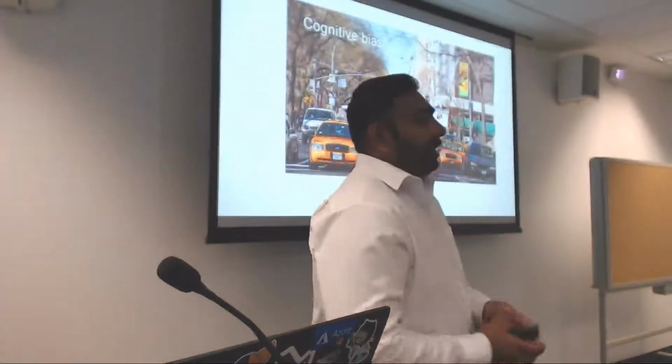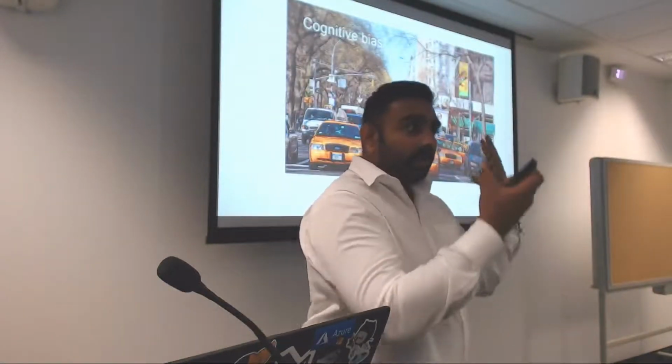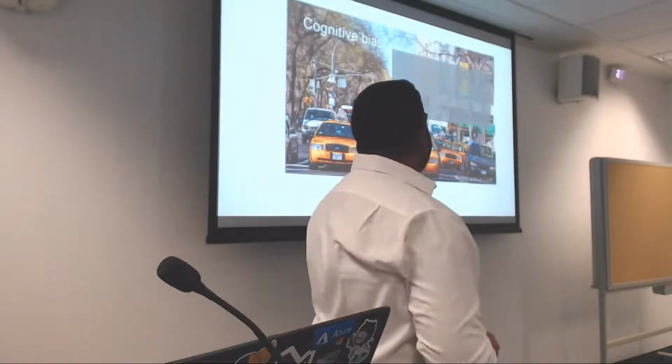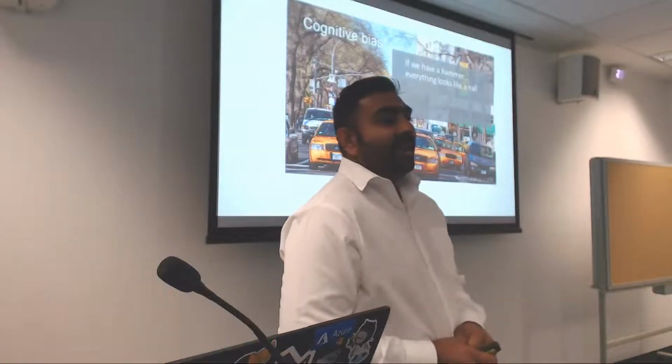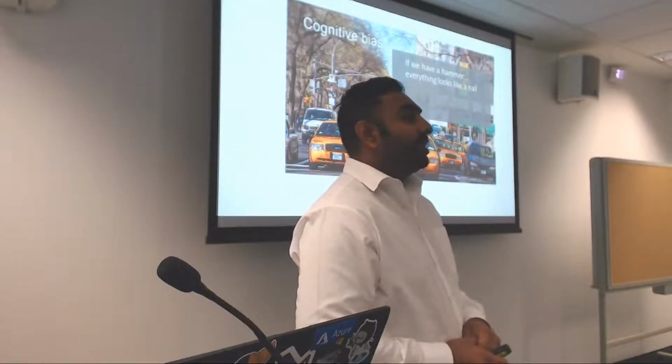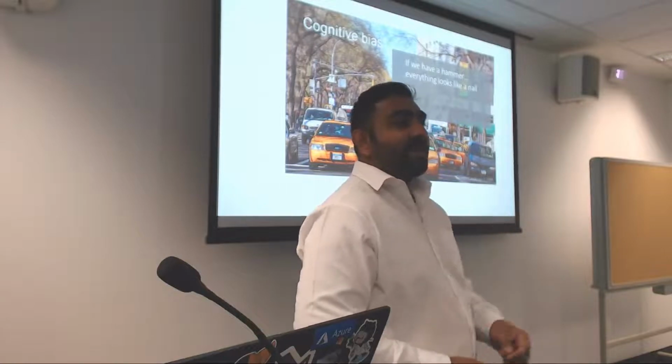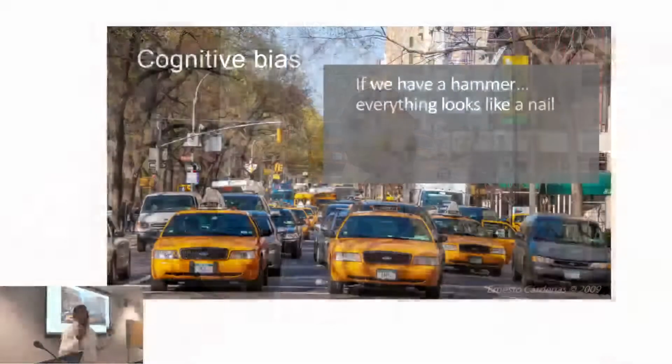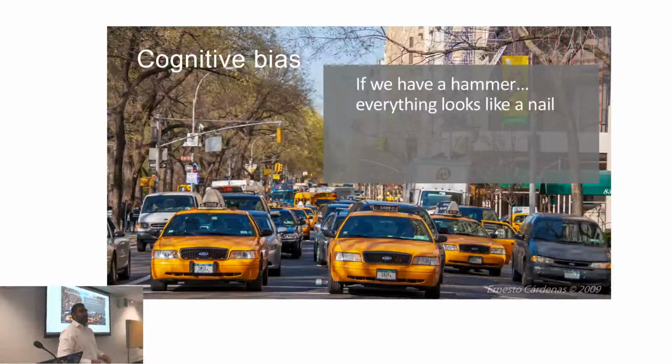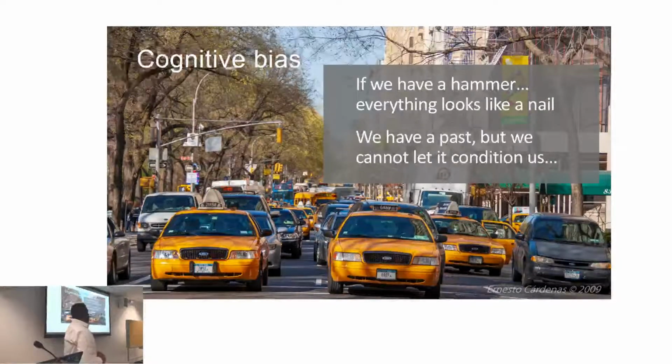So let's look at the cognitive side of that whole experience, right? We're given a hammer, everything looks like a nail to us. So I've got a hammer, everything is going to be nailed into the wall. That's my muscle memory action sort of thing. And the problem is that we have a past.